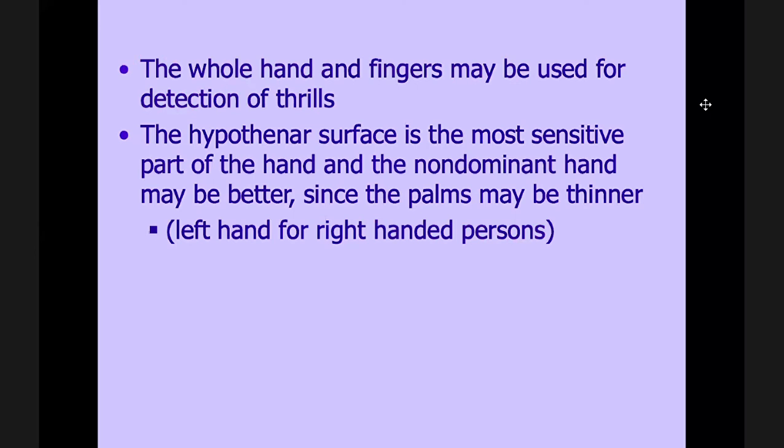Kasi kung, for example, you are right-handed and you use your right hand, makapal na, you have callus, and you may not appreciate the thrill. So you use the non-dominant hand so that you can easily appreciate the presence of a thrill if there is. Kasi wala siyang callus or it is thinner.